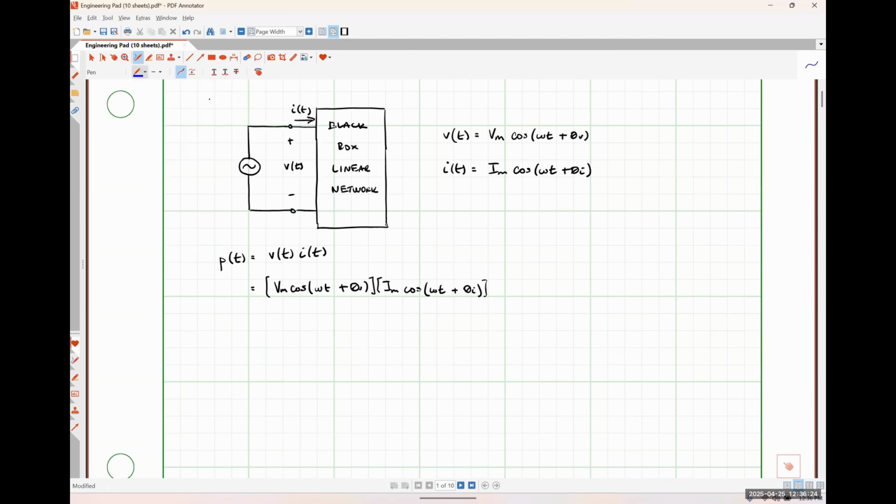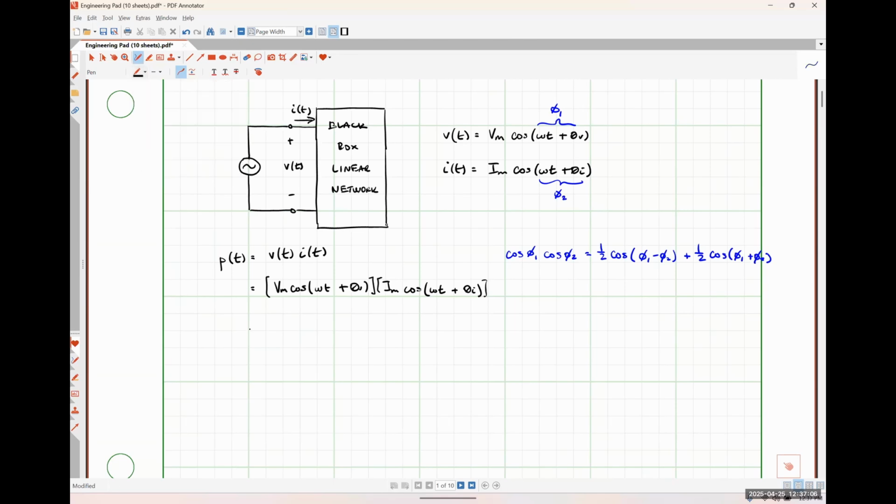So the trig identity that I'm going to use, I'm going to put it over here in blue, is that the cosine of some angle 1 times the cosine of some angle 2 is equal to 1/2 of the cosine of angle 1 minus angle 2 plus 1/2 the cosine of angle 1 plus angle 2, where in this case, omega t plus theta v is my angle 1, and omega t plus theta I is my angle 2.